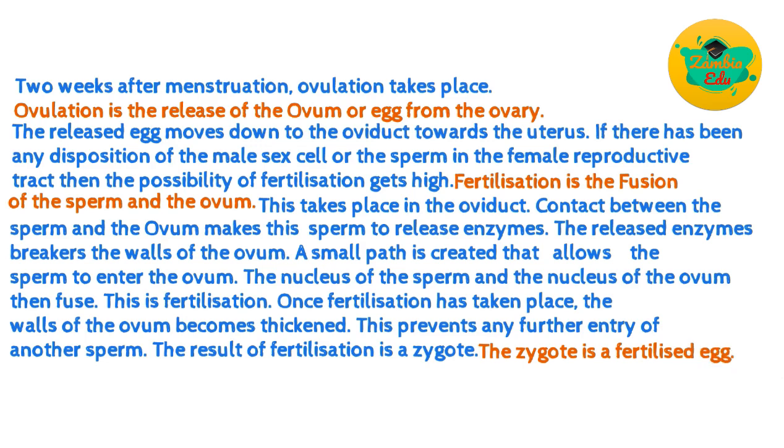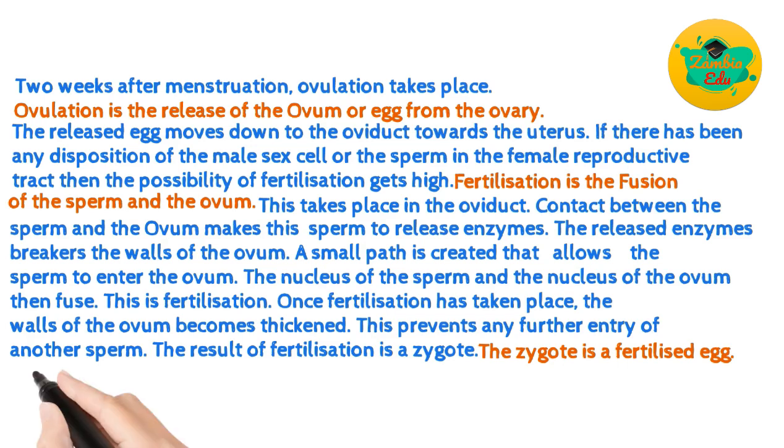The zygote will undergo a lot of cell divisions as it moves slowly down the oviduct towards the uterus. By the time it reaches the uterus, it is a ball of cells and is called an embryo. This takes place in about 4 to 7 days.